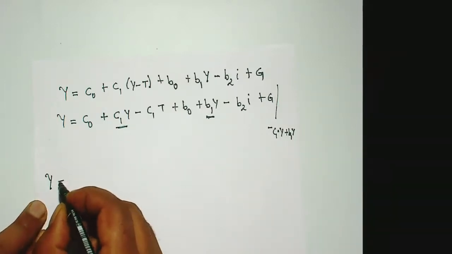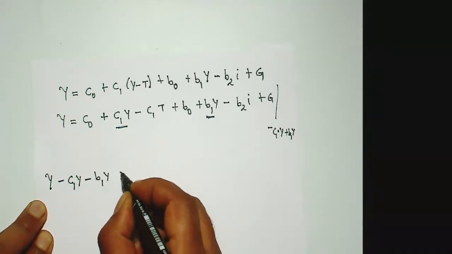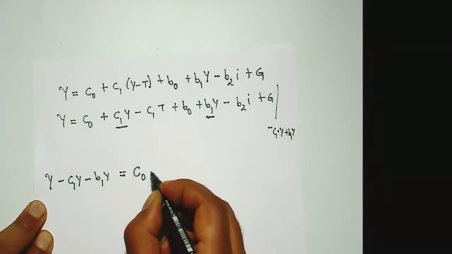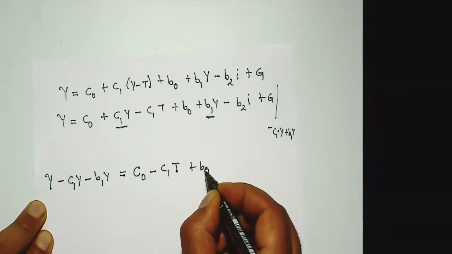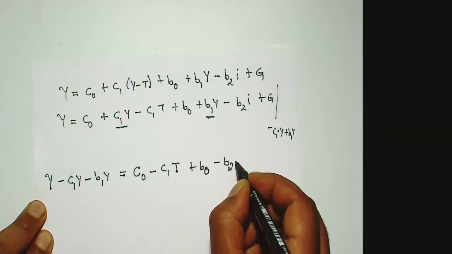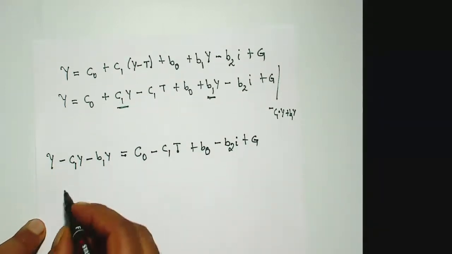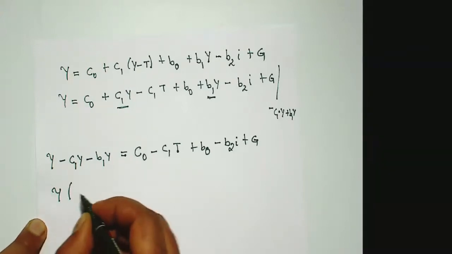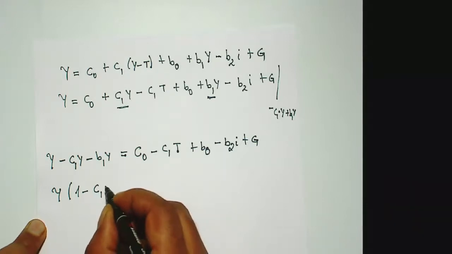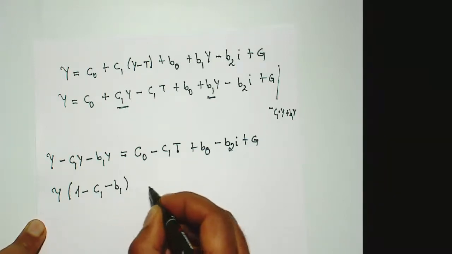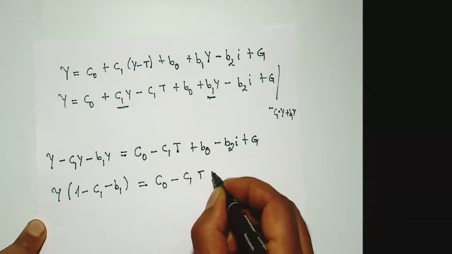This would give us Y minus C1 Y minus B1 Y equal to C0 minus C1 T plus B0 minus B2 I plus government expenditure G. If I take Y as a common factor here, I would have a bracket term which says 1 minus C1 minus B1, and the right-hand side remains the same.